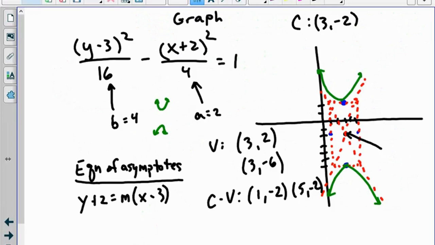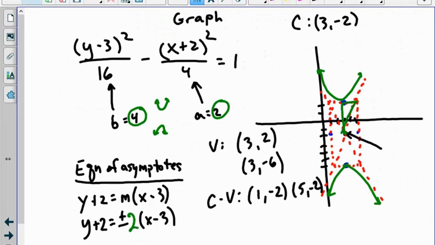One's going in a positive slope and one's going in a negative slope. So we're going to write y plus 2 equals plus or minus whatever the slope is, x minus 3. And it's really not that hard to figure out what the slope is. So it looks like we're going up 4 over 2. Oh, shocking. Up 4 over 2. So that means if we go up 4 over 2, our slope is 2, or in the other way, it's -2. So those would be the equations of the asymptotes.